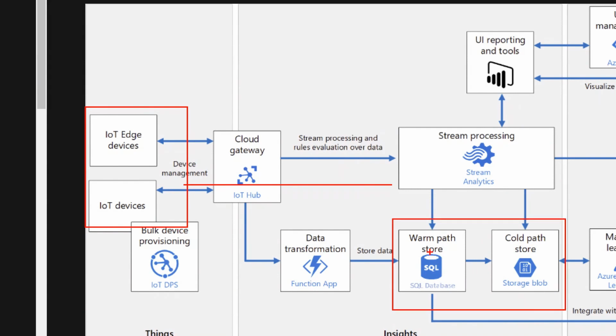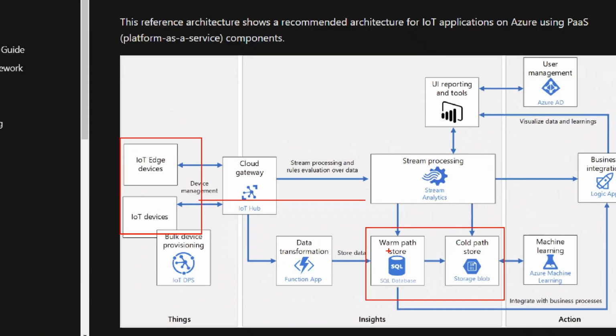So one of the requirements for warm path is being able to support low latency, high throughput ingestion, as well as near real-time analytics. And Azure SQL meets all these requirements with some of the features I talked about earlier, such as in-memory OLTP and column store, etc. So we will be using this architecture for the demo.